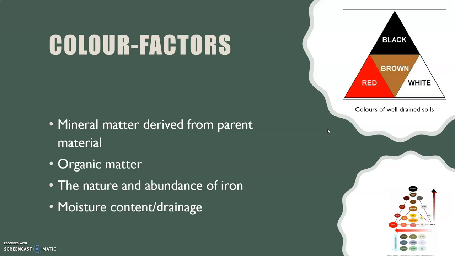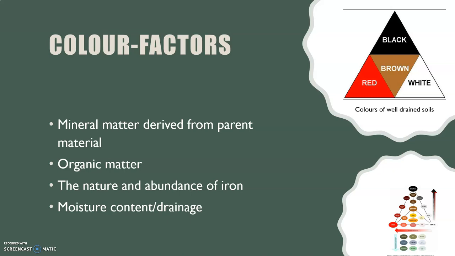Color factors. Color is the last part of the physical properties of soil. So basically we have 4 soil colors: red, brown, white, and black. The factors that affect these colors are organic material and minerals. Soil that contains a lot of organic material is black in color. For minerals, it depends on the type of mineral.